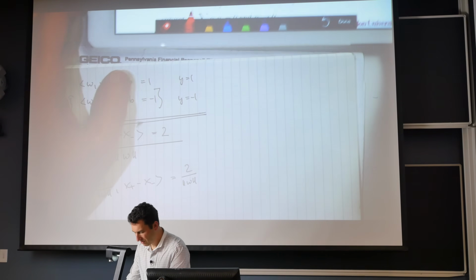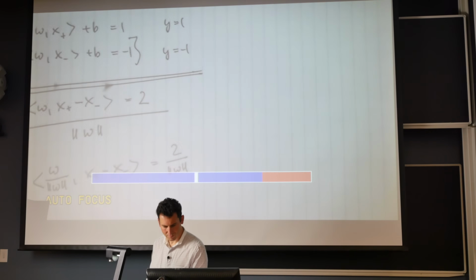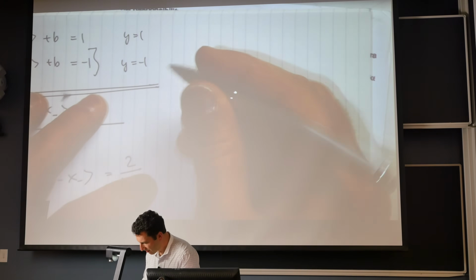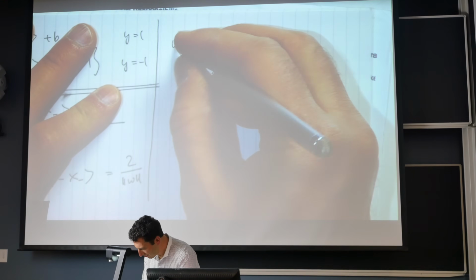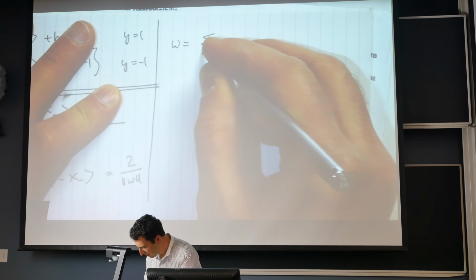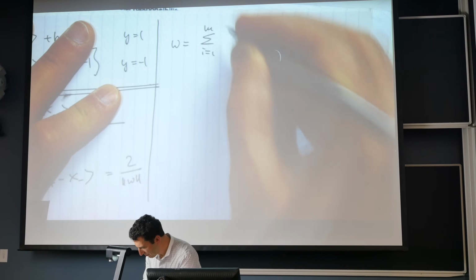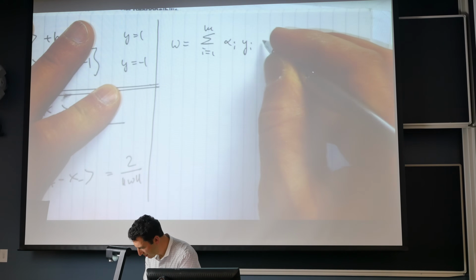Okay, good. So, let's zoom in a little bit. If you recall, we had W equals the sum over I going from 1 to M of alpha I, yi, xi.